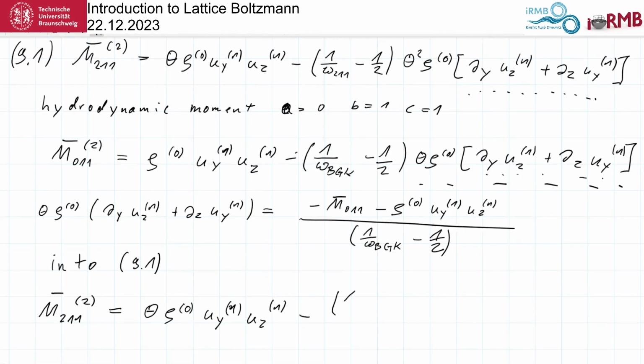So we'll have 1 minus 1 minus 1/2 divided by 1 over omega BGK minus 1/2, and this goes into theta M. I may be, where am I? Okay, I may have made a mistake here with my signs.